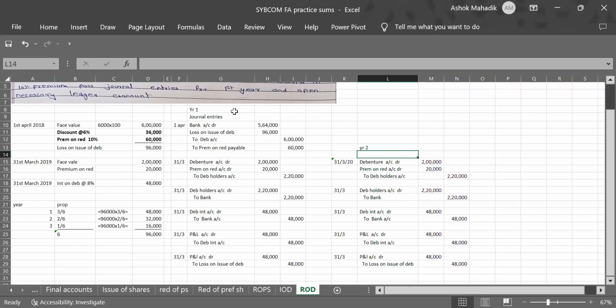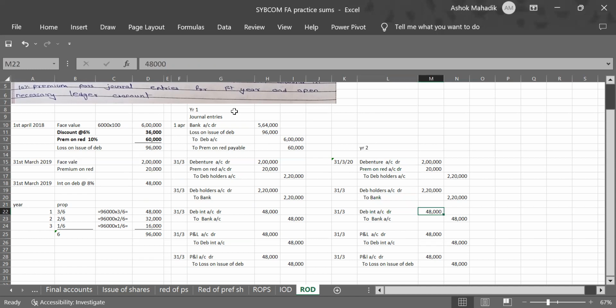See, the first entry on 31st March, we have to pass the entry for debentures becoming payable. So we are redeeming 2 lakhs of debentures every year. So this entry and amount will remain the same. Clear? Then we'll pay the same amount to debenture holders. Even this will remain the same. Interest will definitely reduce, because in year 1 we repaid 2 lakhs out of 6 lakhs.